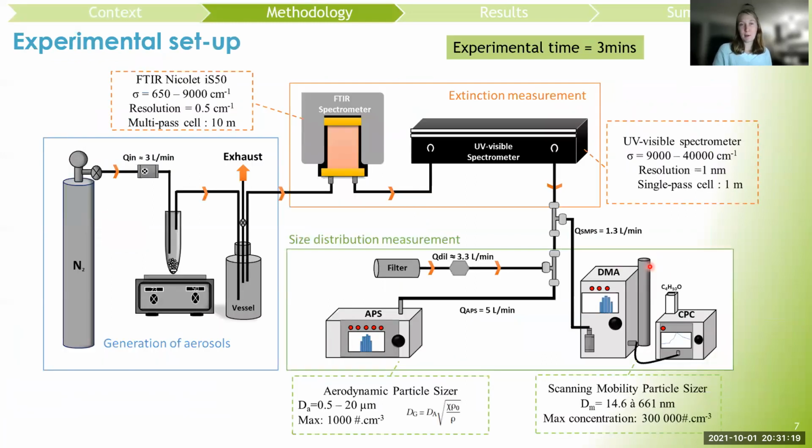Let's see the experimental setup. So we retrieve here the generation of the aerosol, we retrieve here the characterization of the aerosol. It's combining a Fourier transform spectrometer with a UV-visible spectrometer, which allows a spectral range from 650 cm^-1 to 40,000 cm^-1, with a resolution which could go down to 0.5 cm^-1, which corresponds to the one that IASI spectrometers use to record the atmosphere.